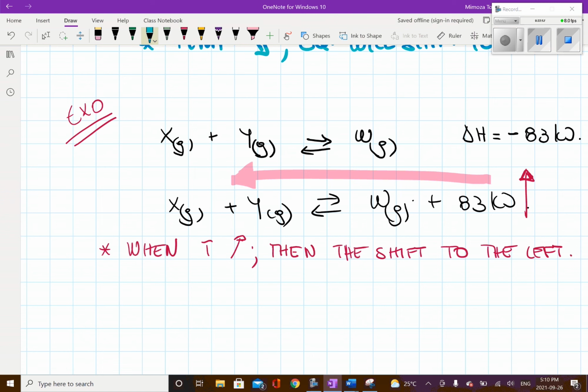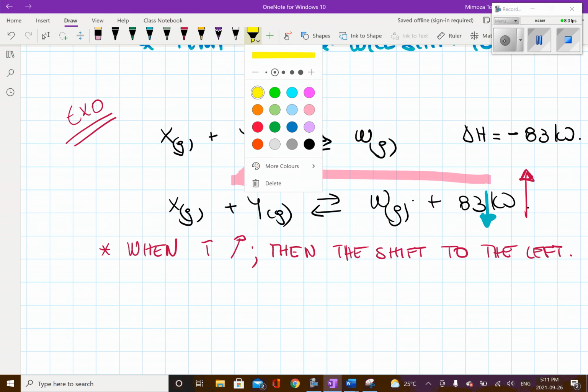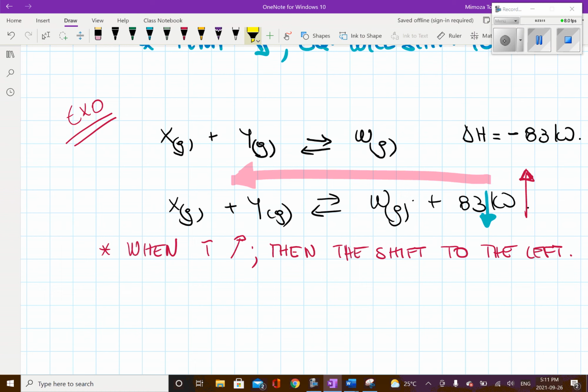Okay, and now let's see what is happening when the heat is decreased. If the heat is decreased, then the system will be like, I will cancel whatever you are doing. So in order to cancel whatever you are doing, I need to produce more heat.